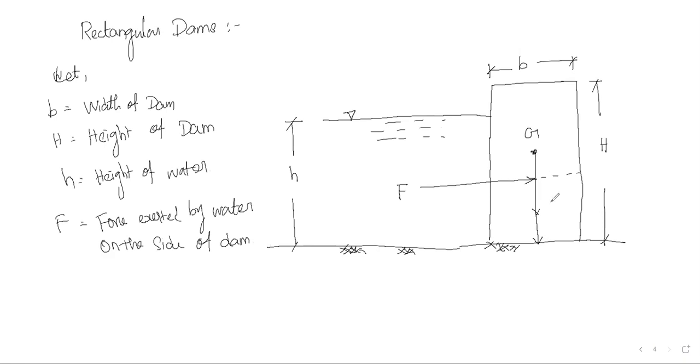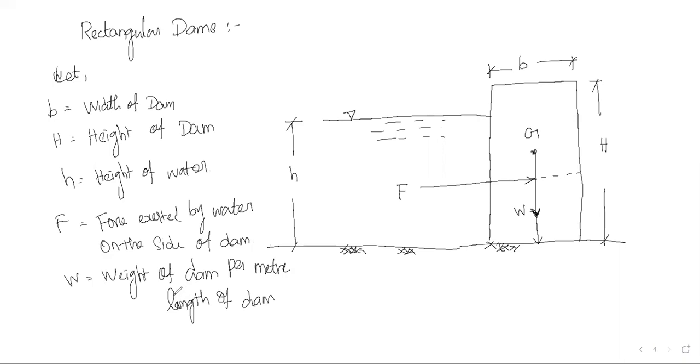Next, W. So W is equal to weight of dam per meter length of the dam.